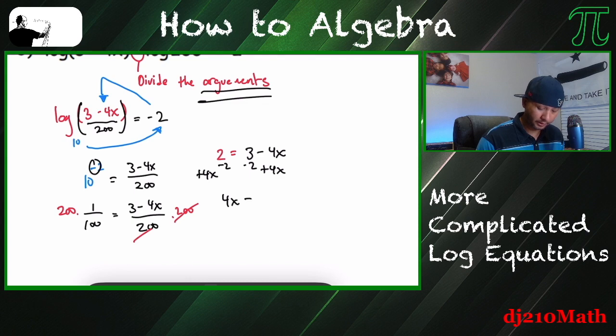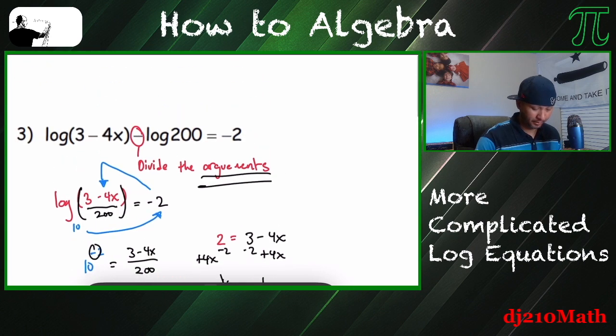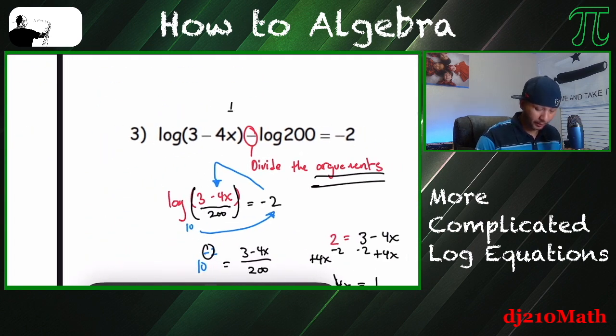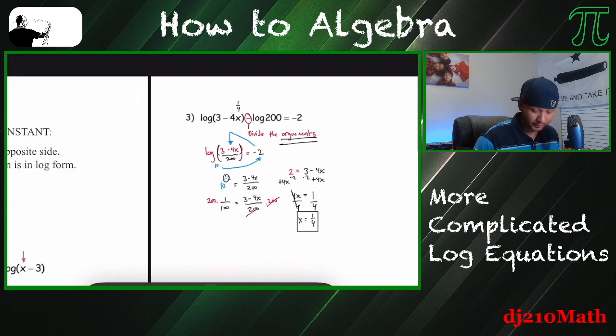So 4x is equal to 1. X is equal to a fourth. So let's check it. Going back to the original, when you plug in 1/4, 4 times a fourth is 1. So 3 minus 1 is 2. Positive number, basically. So this is good.